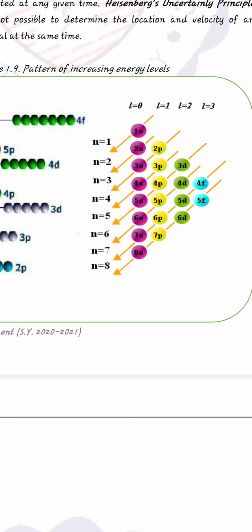You have 2 electrons now. Next, 2s2, another 2 electrons. It makes 4. Then next, we have 2p6 because the highest number of electrons in p is 6. So you have already 10. Next to that is 3s. So s is 2, another 2.